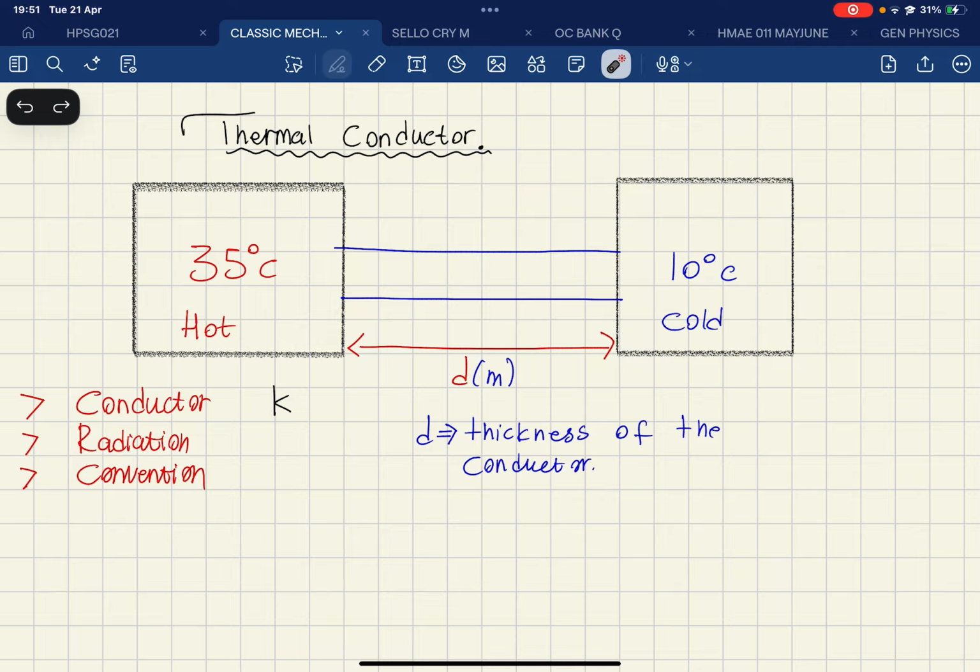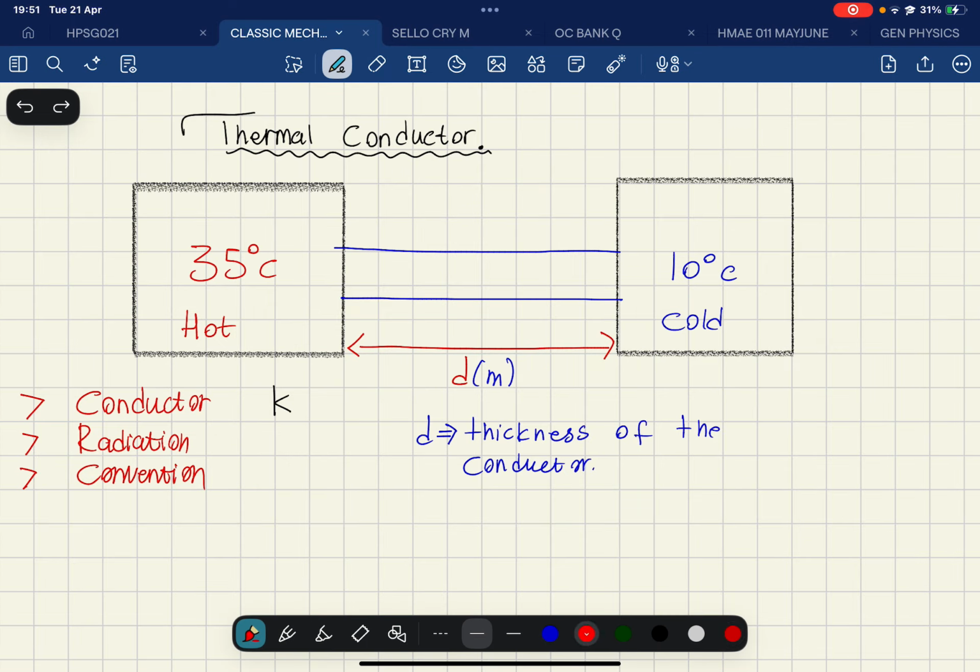So heat will travel through an area A over a distance D. The area will have the SI unit of meter squared, and the distance will have the SI unit of meters. We can call this one our area, and from there to there is our distance.